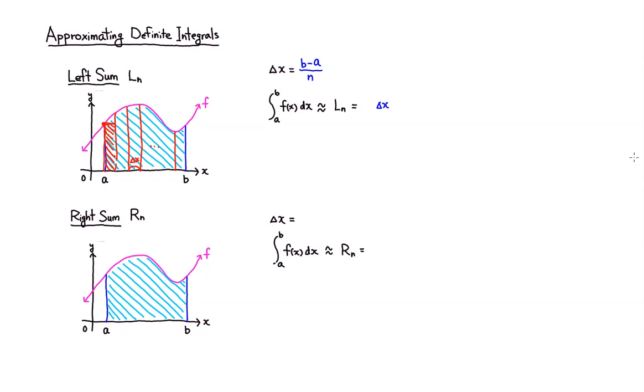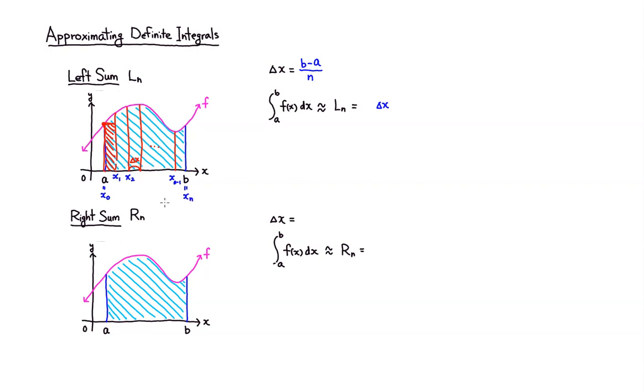The first one, I'm going to call x0, which is the same as a. The next one I'll call x1, the next x2, and so on. Since they're n equal pieces, the one before the last is x n minus 1, and b is exactly the same as x n.